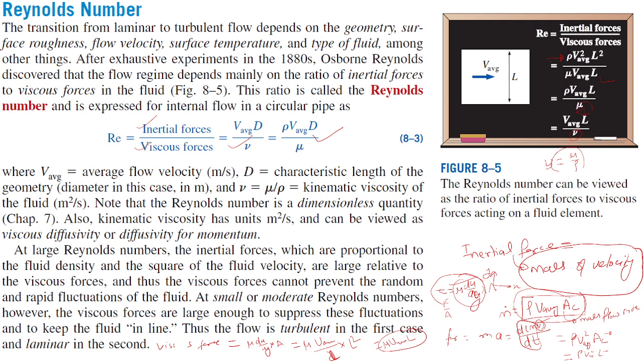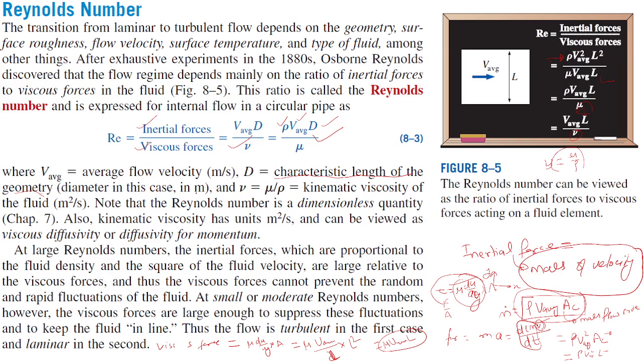Now come to each quantity of the Reynolds number. Rho is the density of the flow. V average is the average velocity of the flow. D is the characteristic length of the geometry. And what is characteristic length? We will discuss. Diameter.